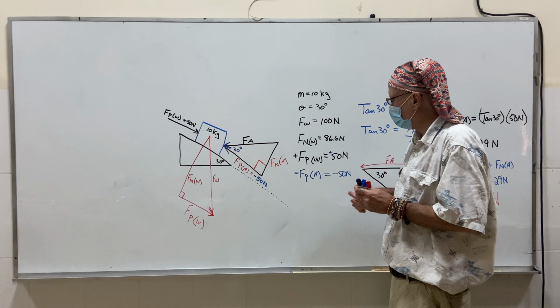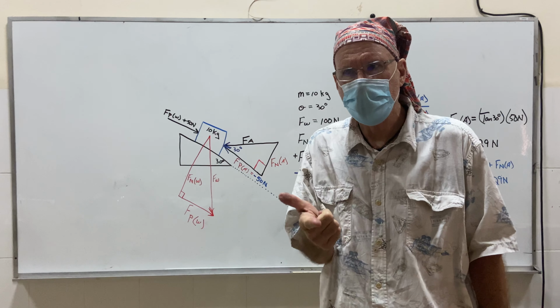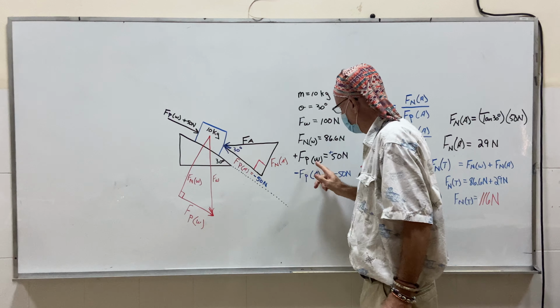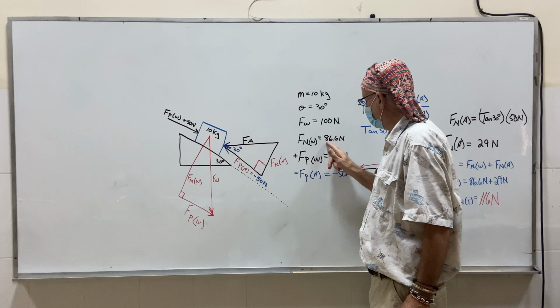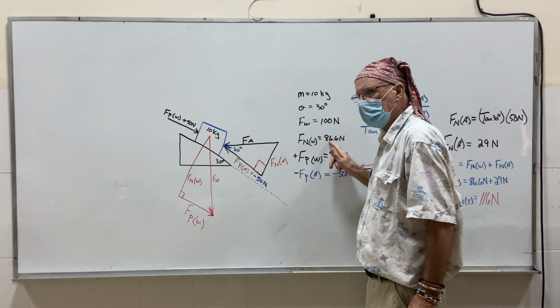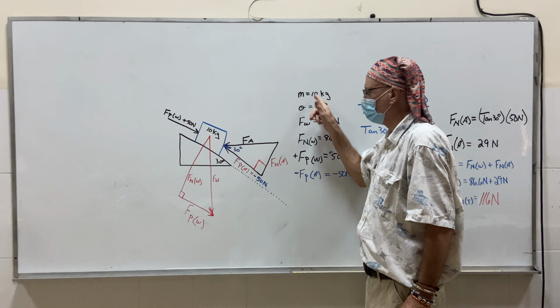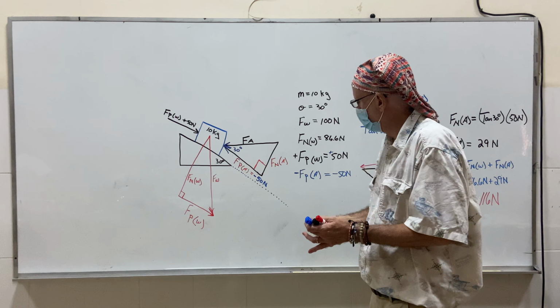Clear? Now, let me just explain some of my notation. We have two FNs and two FPs. This is the W, this is from the weights. So this Fn is the support force for the book, the big book. That's where that's coming from.